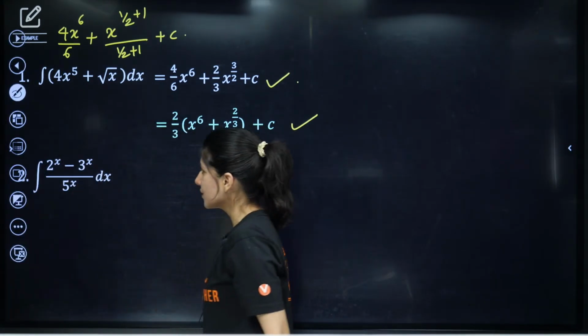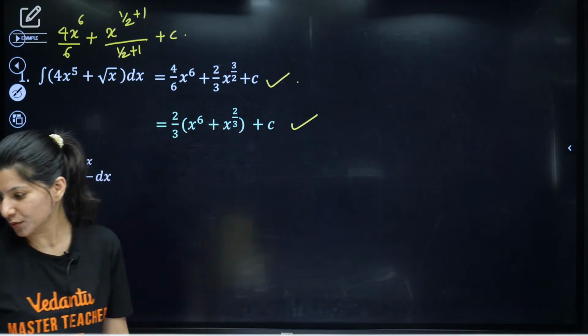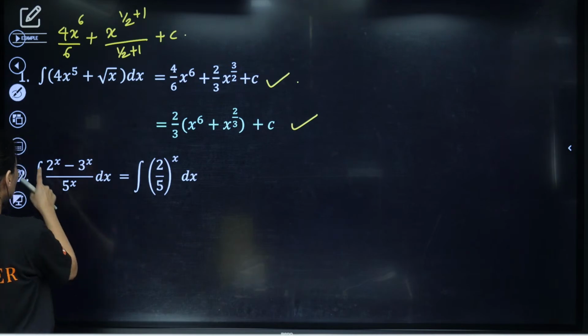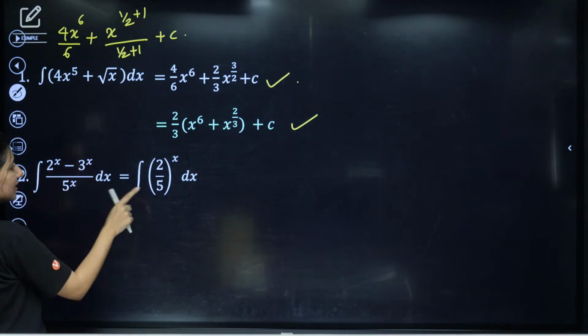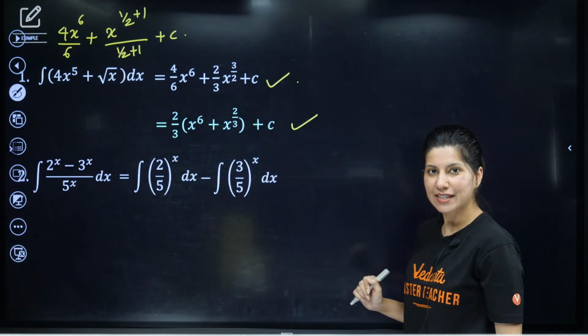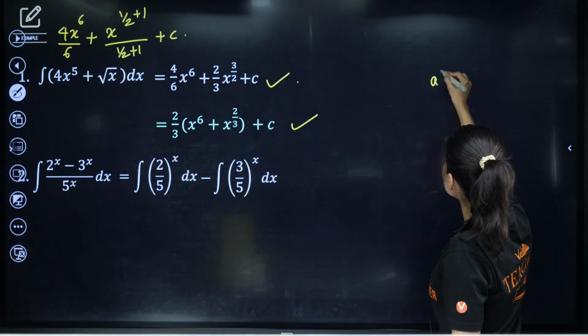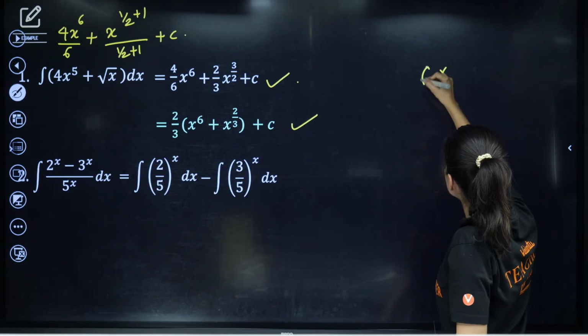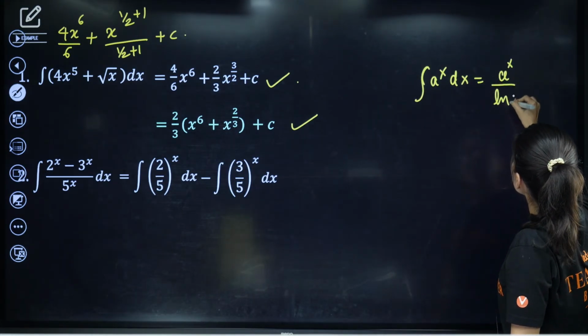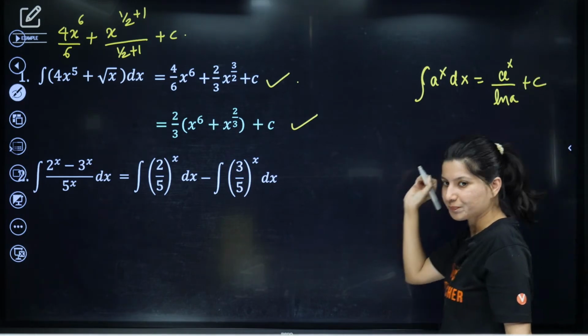Now the second question. Let's see how many of you are able to do this. So first of all, this will become 2 by 5 raised to power x minus 3 by 5 raised to power x. Now you just tell me, integration of a raised to power x is what? A raised to power x upon log a plus constant.